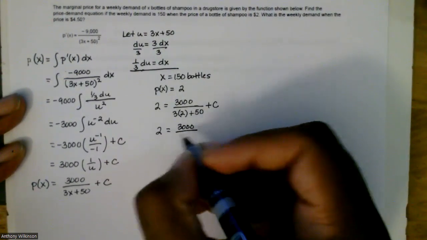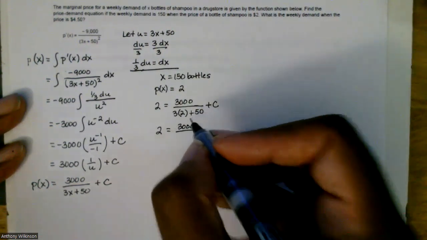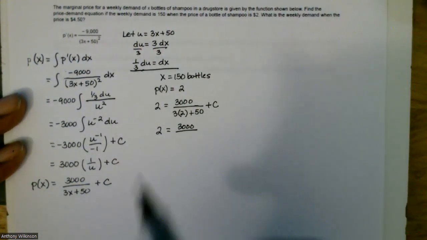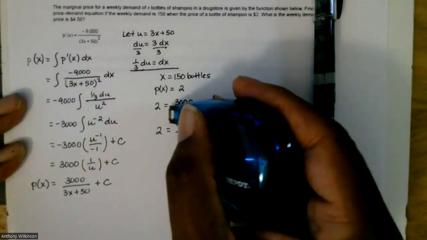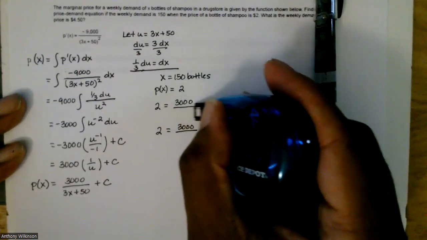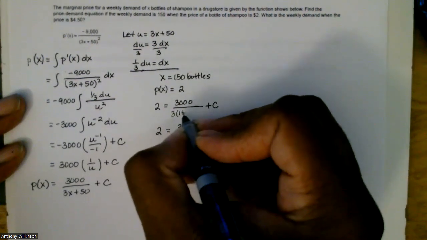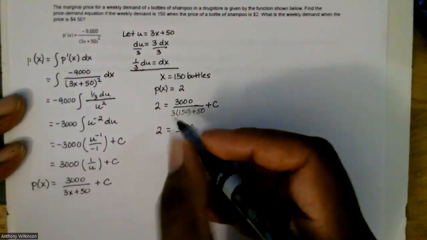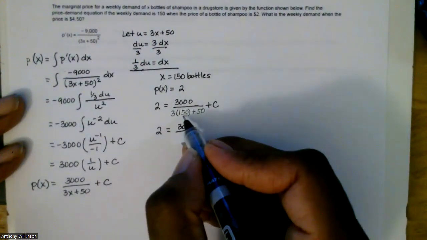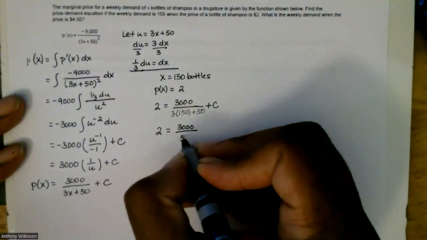Sorry, X is 150. Made a big mistake there. That should be 3 times X, which is 150, plus 50. Then 3 times 150 will be 450, plus the 50 will be 500.